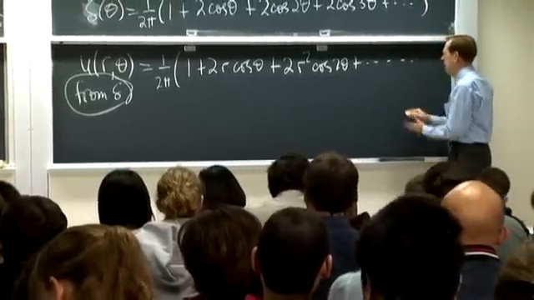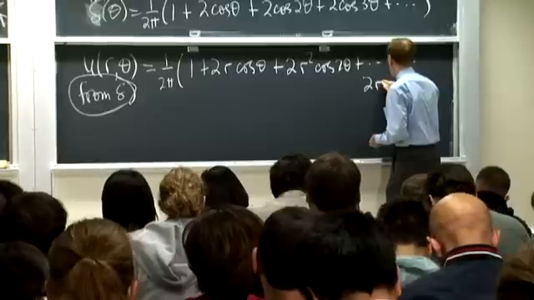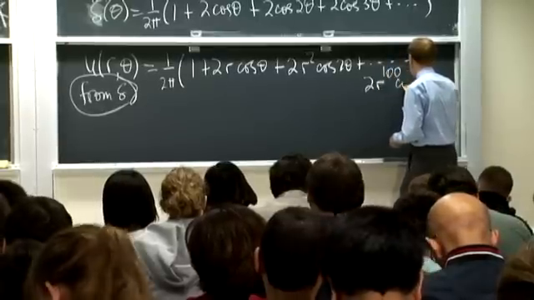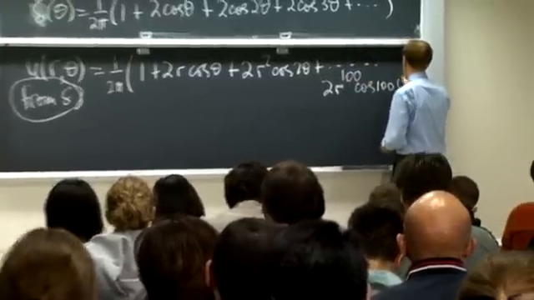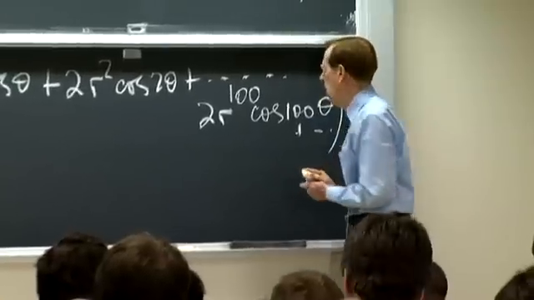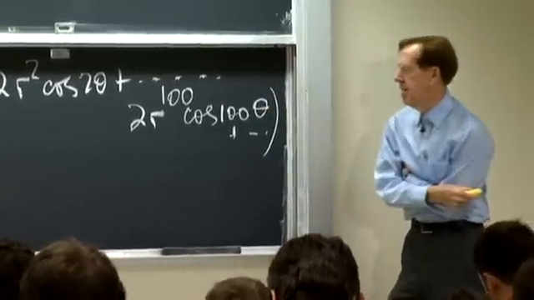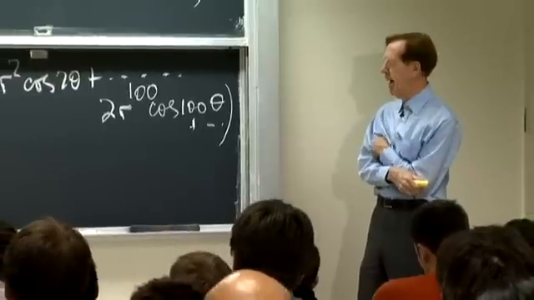And eventually 2r to the 100th cosine of 100 theta and more. Okay. I write this out.